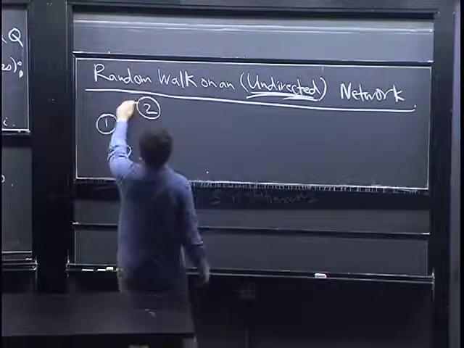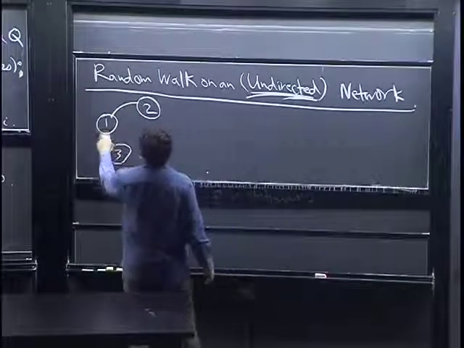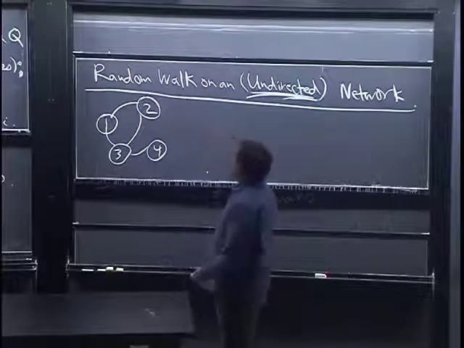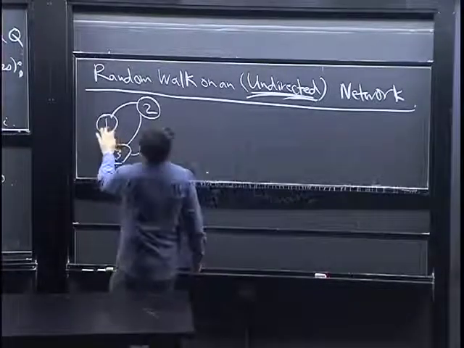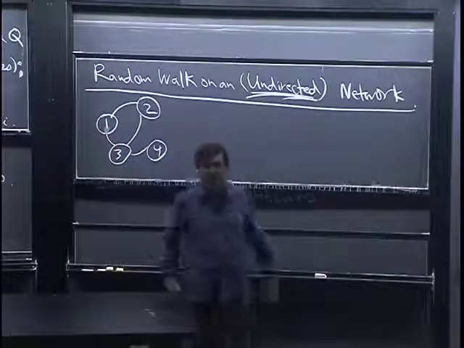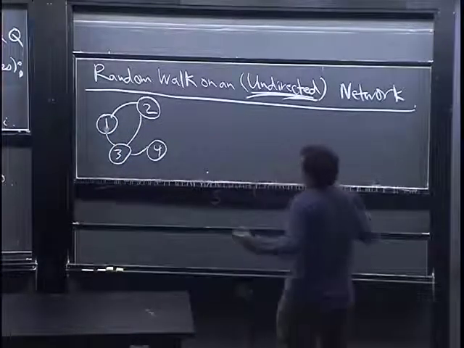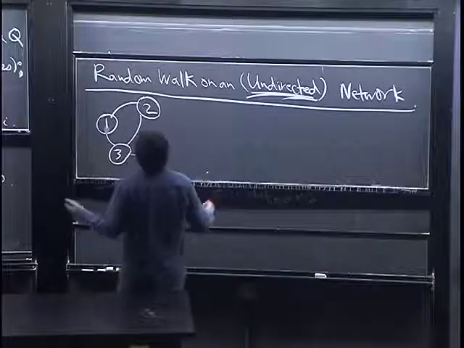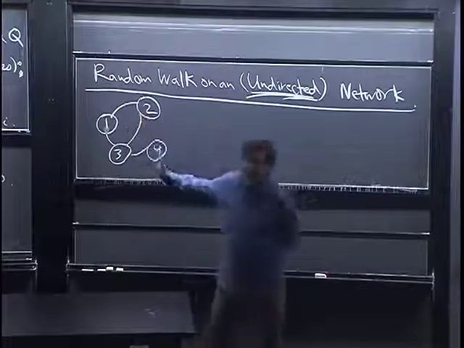Let's say 1 and 2 are connected, and 3 is connected to everything else. We can draw any example we want, just for illustrative purposes. I think this is a good one. All right, so that's our network.